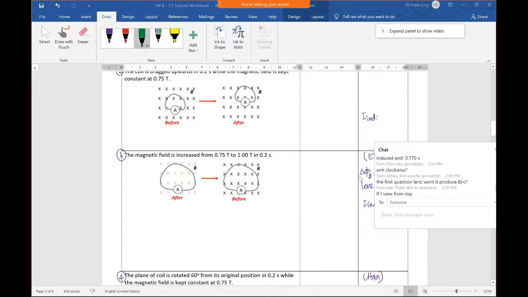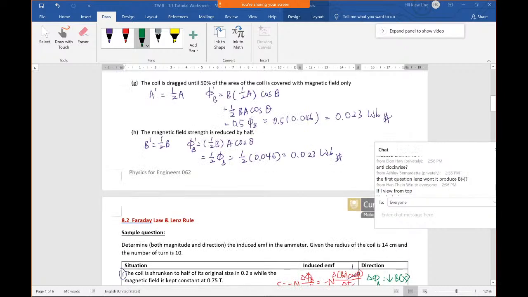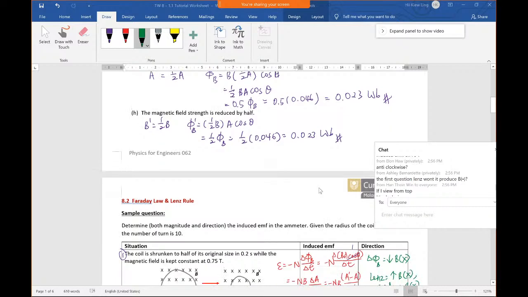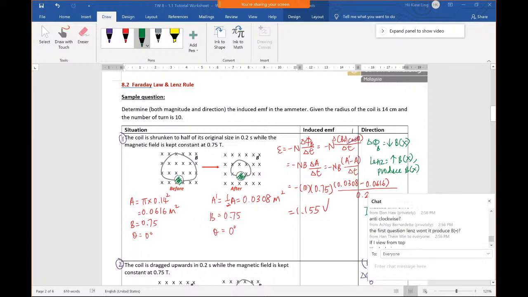Okay, the first question, you mean has to produce dot product? Why need to produce dot product? Because we want to increase the cross product. So if we want to increase cross product, we have to produce cross. If we would like to decrease cross, then only we produce dot.